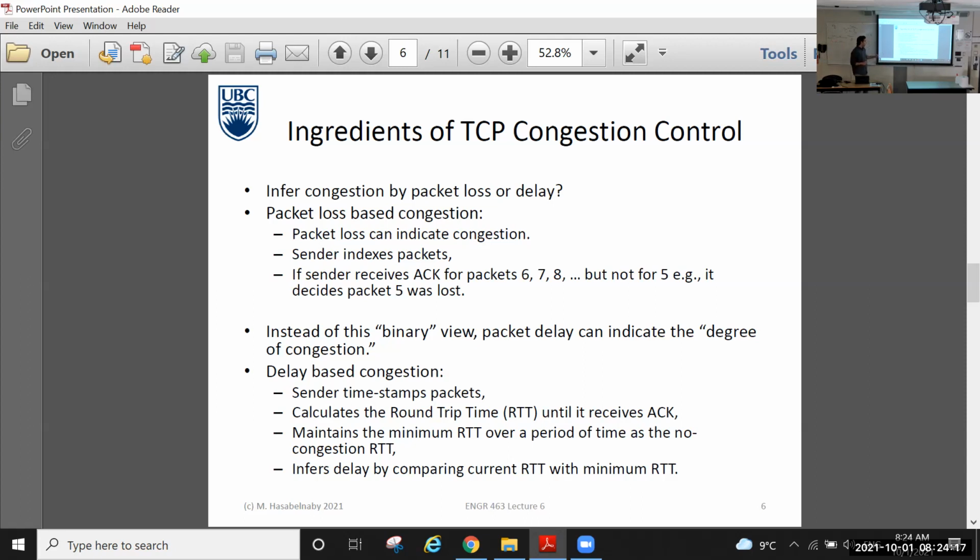After that, if we have congestion, we measure the round trip time, the time between sending the packet and receiving its acknowledgement. For sure, the difference between the current round trip time and the minimum round trip time is an indication of the delay.